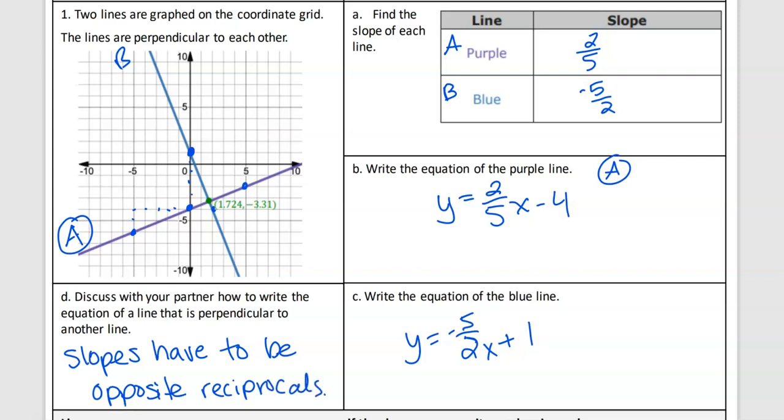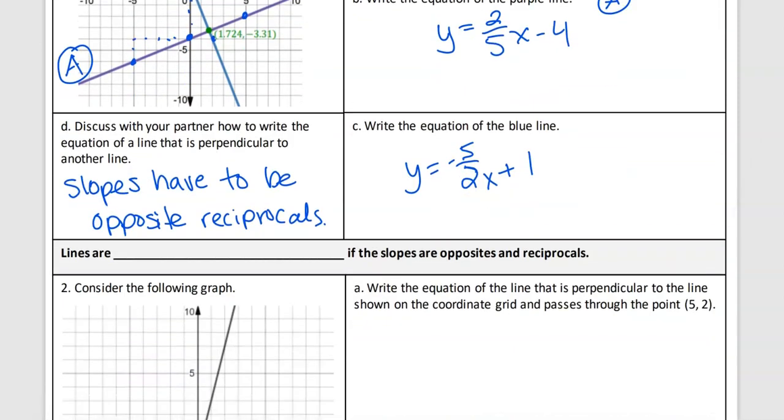So 2 over 5 became 5 over 2, and then positive became negative. So you flip the fraction and you flip our sign. So what's going to go in this blank right here? Lines are what if the slopes are opposites and reciprocals? There you go. Good. Perpendicular.